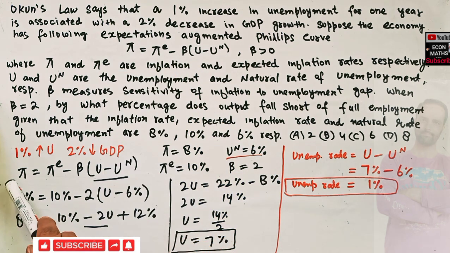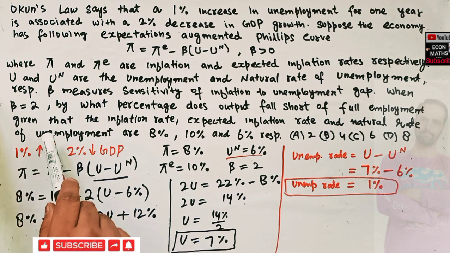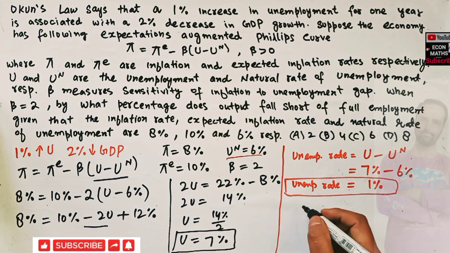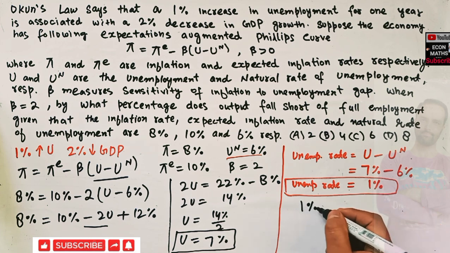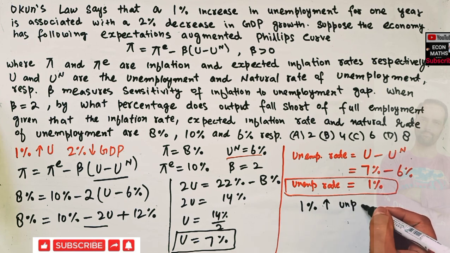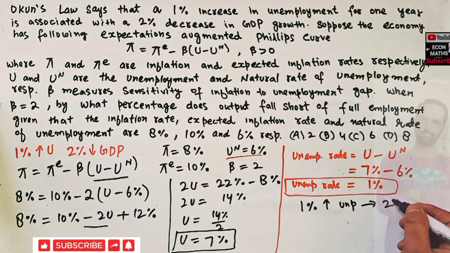Here we are told 1% increase in unemployment will lead to 2% decrease in GDP. Okay, so we have 1% increase in unemployment here, which will lead to obviously 2% decrease in GDP.